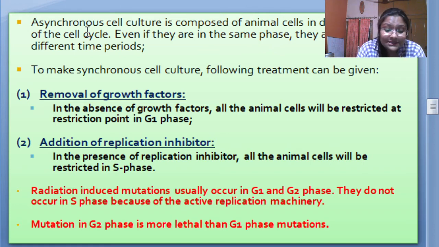So all the cells of the body are not in the same phase at any point of time. If we take the cells from our body at that time, it will form a culture. So that cell culture will be an asynchronous cell culture, because all the cells are in different phases of the cell cycle.